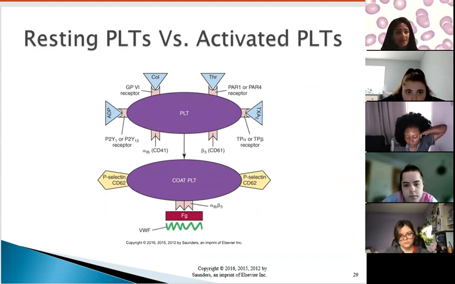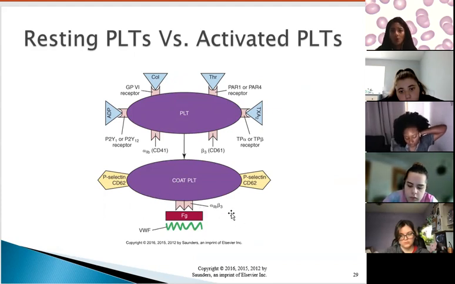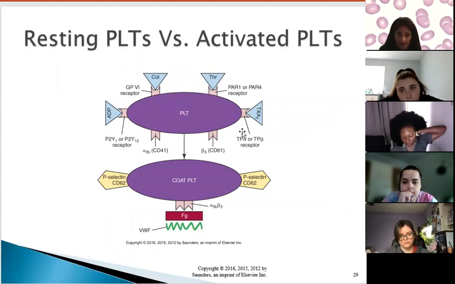A COAT platelet is a platelet that has been activated by collagen and thrombin. So a resting platelet is here, okay, and this is a COAT platelet. It's a COAT platelet that has been activated. So the receptors are there, but they are active, okay? In the resting platelet, the receptors are there as well, but they are inactive, okay?